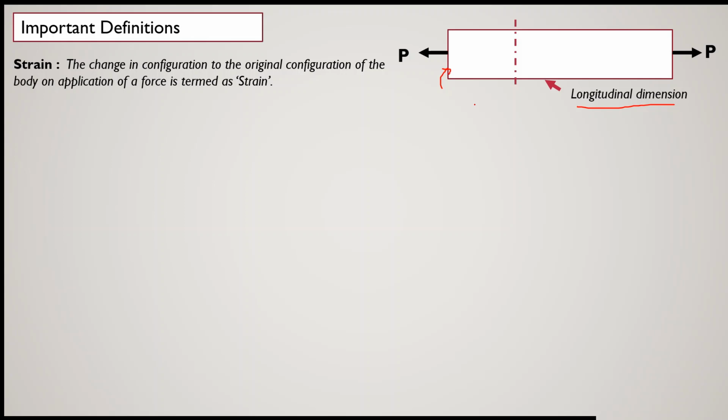When your force is more than the resisting force, there will be some deformation in the body. Deformation may be in terms of its length increasing, that means some elongation, or if there is a compressive force, then there may be compression in the longitudinal dimension.